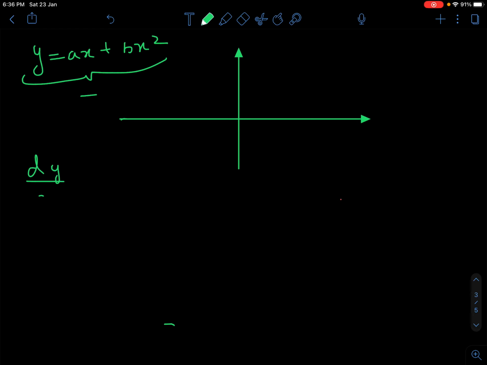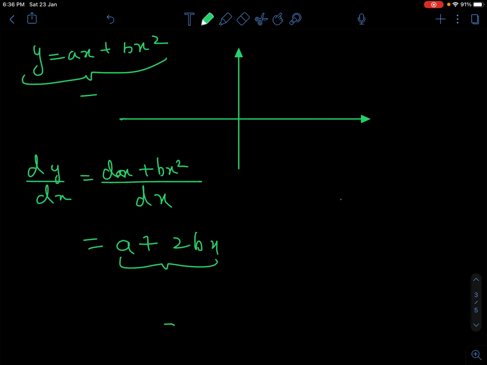So dy by dx will be equal to d of ax plus bx square upon dx, which will be equal to a plus 2bx. This is the slope of the graph.